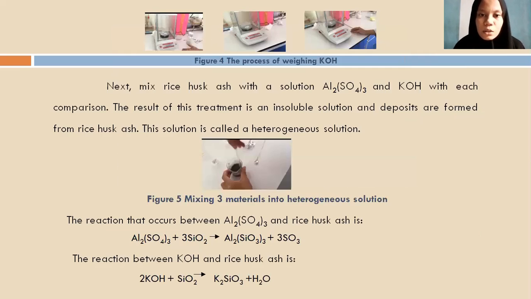Next, mix rice husk ash with the Al2SO4 3 and KOH solutions in each comparison. The result of this treatment is an insoluble solution, and deposits are formed from the rice husk ash. This solution is called a heterogeneous solution.